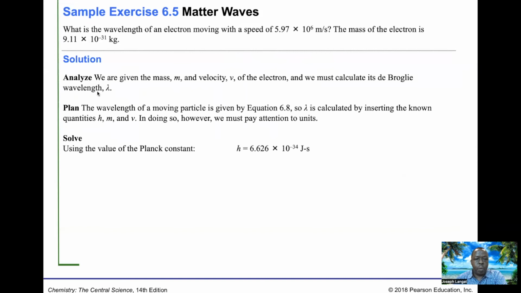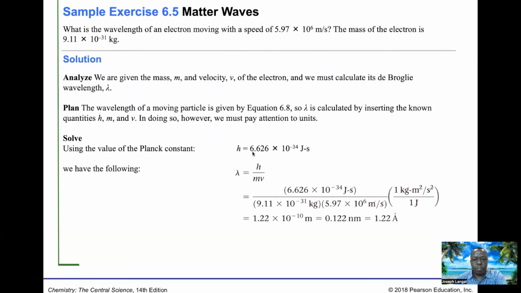Just plug it in the equation. You will be given this value. You don't have to worry about the numerical value for h, which is Planck's constant. You'll be given that. This is what you need to know: commit to memory how you maneuver or crunch the numbers until you get the wavelength.